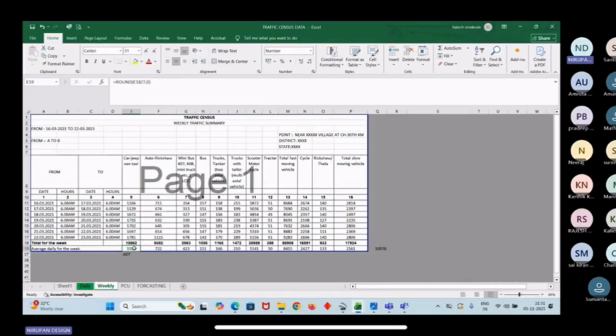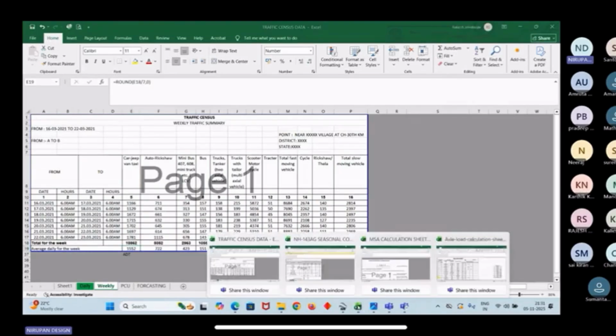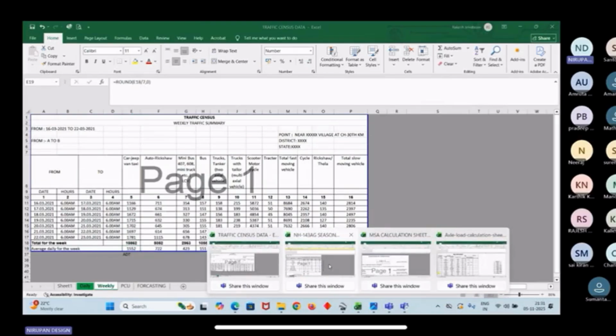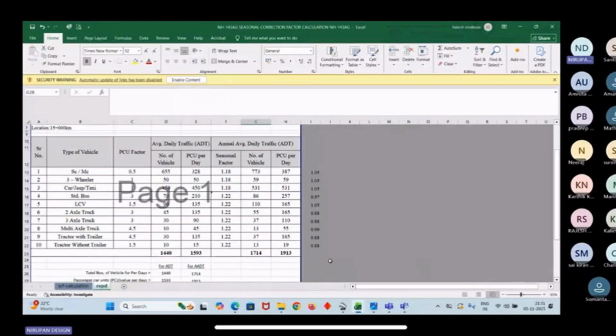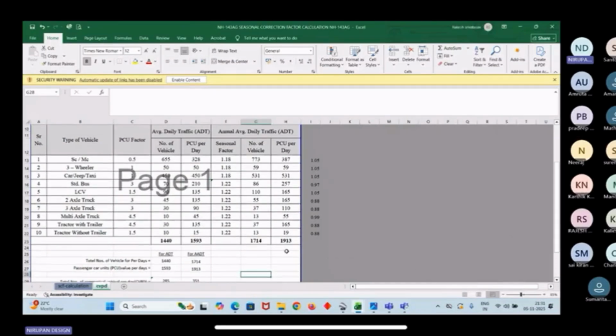So how will we calculate without conducting a traffic survey? For that, IRC recommends that we find the seasonal correction factor, to find the seasonal variation of the traffic due to any reason.